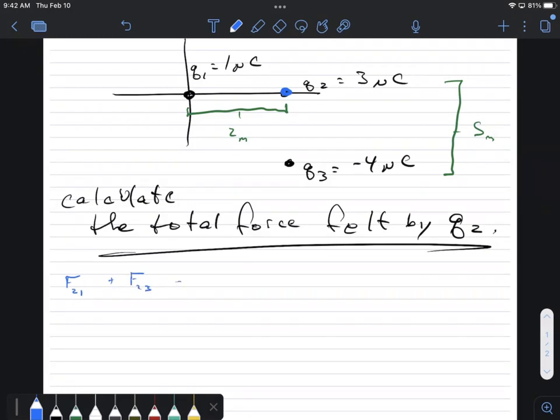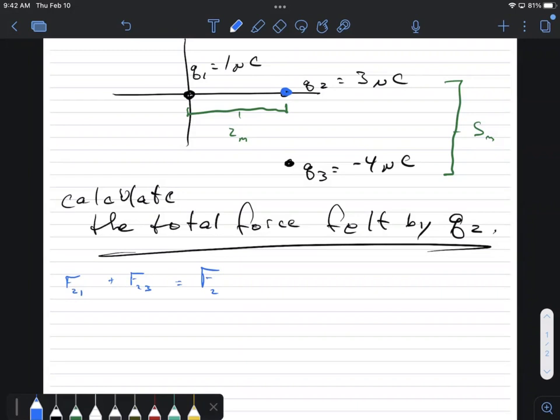That's all I have to do. That gives me the total force felt by Q2. Now, that's a simple equation, obviously, and the details of it are going to be a lot more messy than what that looks like. But that's basically, in my mind, what I'm thinking.